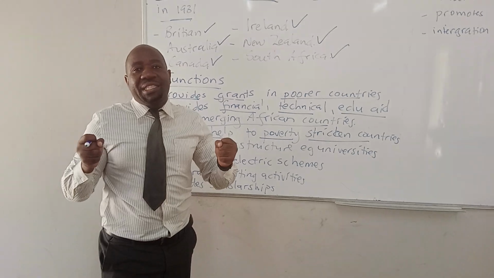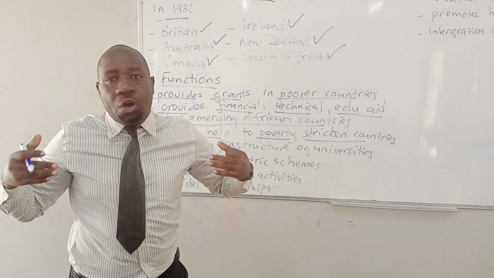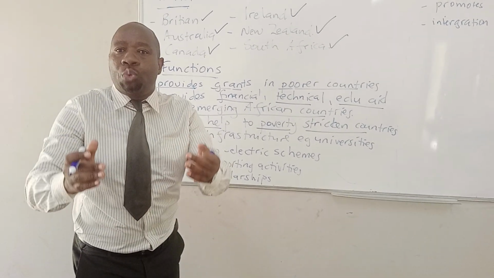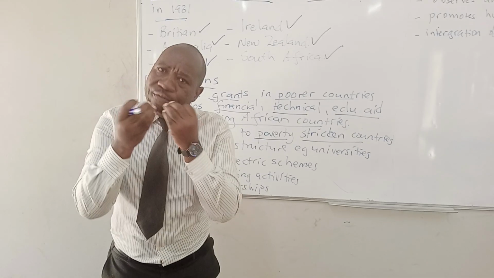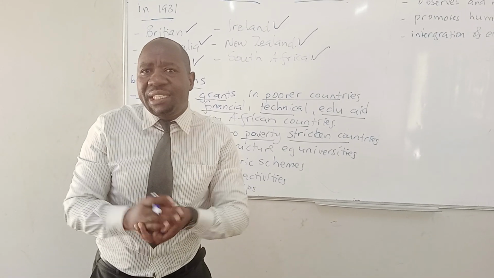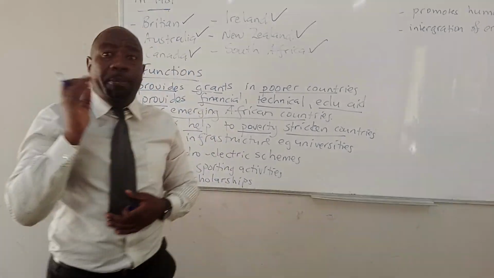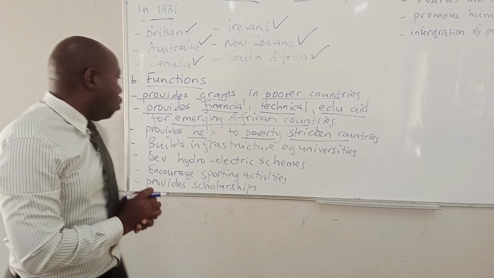For example, if a country is struggling to feed its nation, the Commonwealth pops in and assists the country in making sure that people have clothing, enough food, adequate shelter, and medical assistance in terms of drugs and so forth. So it plays a very important role, this so-called Commonwealth.